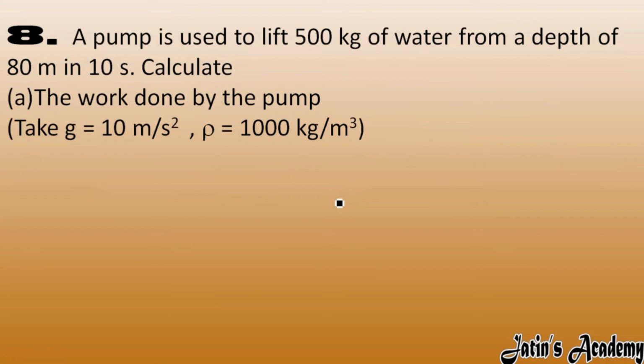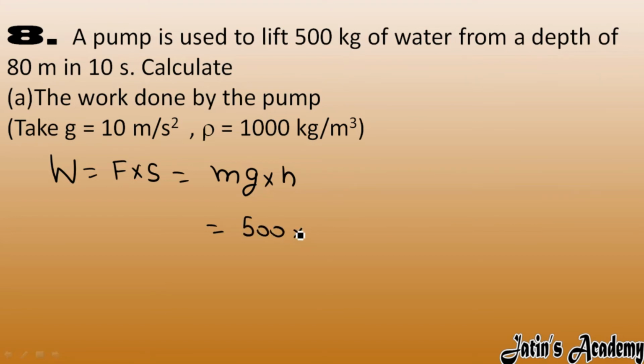So in the first part we have to calculate the work done. We know that work done is equal to force into displacement, and force in this case is mass into gravity, and displacement is S or H. So mass value we have 500, g value is given as 10, and height is 80 meter. So here we got 4 followed by 5 zeros, that is 4 into 10 raised to power 5 joule.